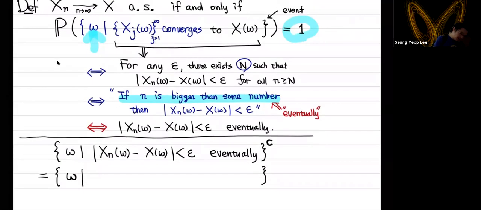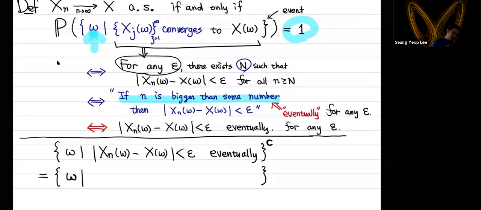Above it was for any epsilon, eventually for any epsilon, but here I just bring this part for a fixed epsilon, so I didn't write the for any epsilon part.